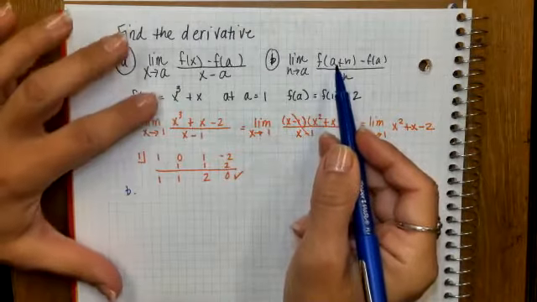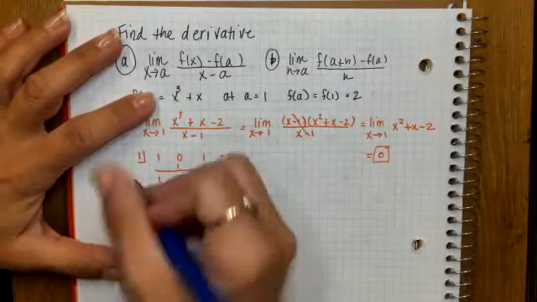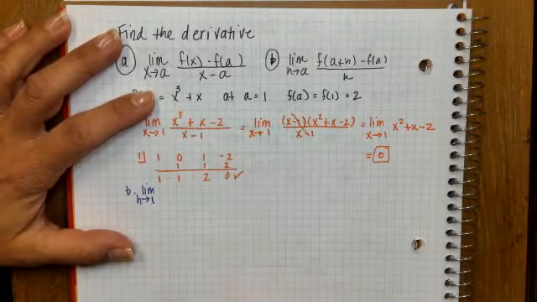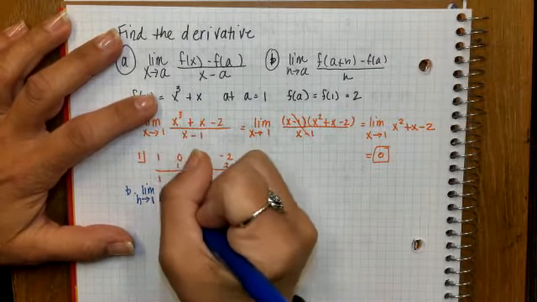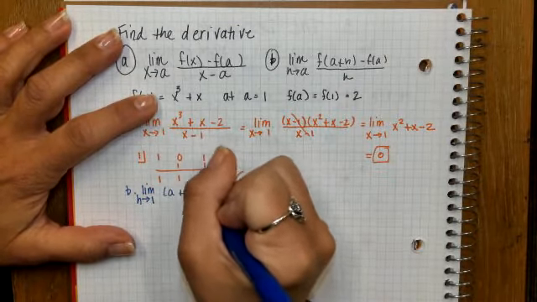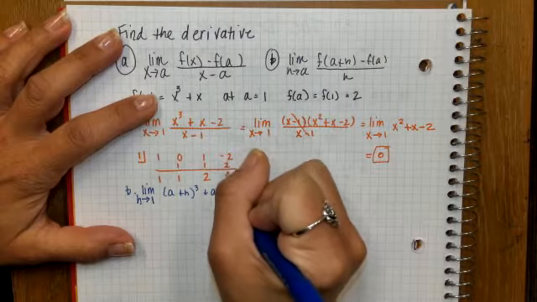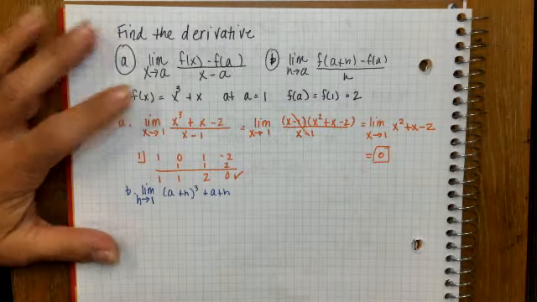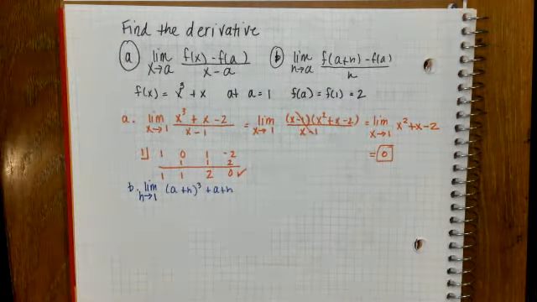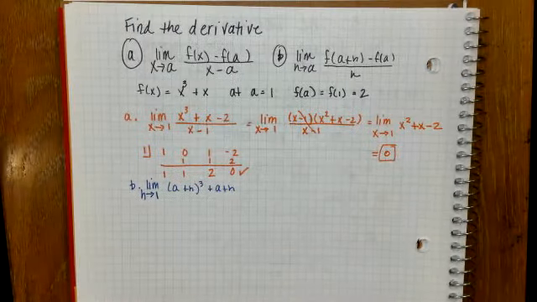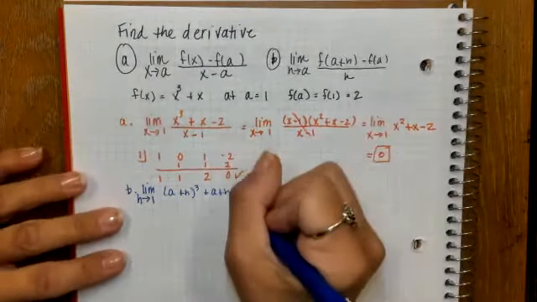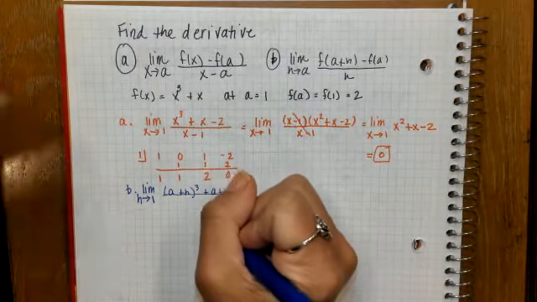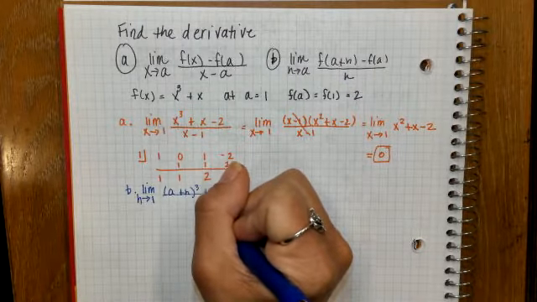Okay, so f of a plus h, this is going to take some time. This is the limit as h approaches 0. A plus h is going to be a plus h cubed plus a plus h, minus f of a, which is 2, all over h.